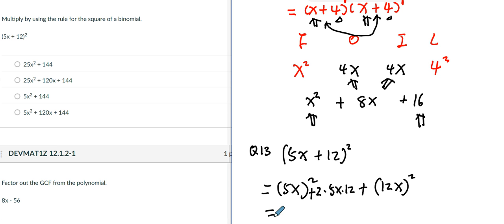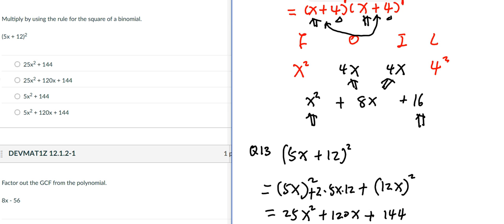Okay, so what's the final answer? 25x squared. 2 times 5 is 10, times 12, 120. Then plus 12 squared is 144.